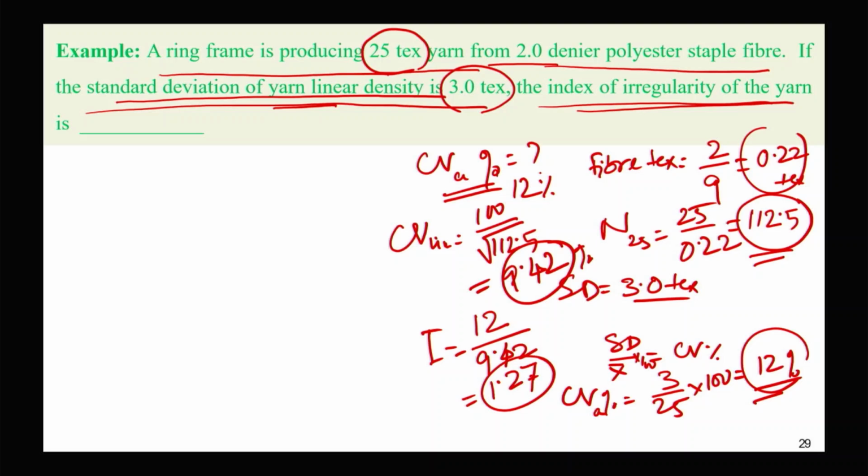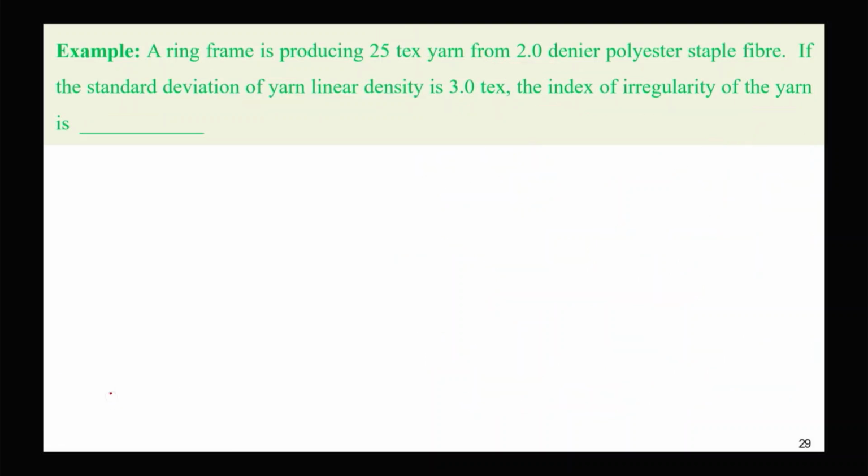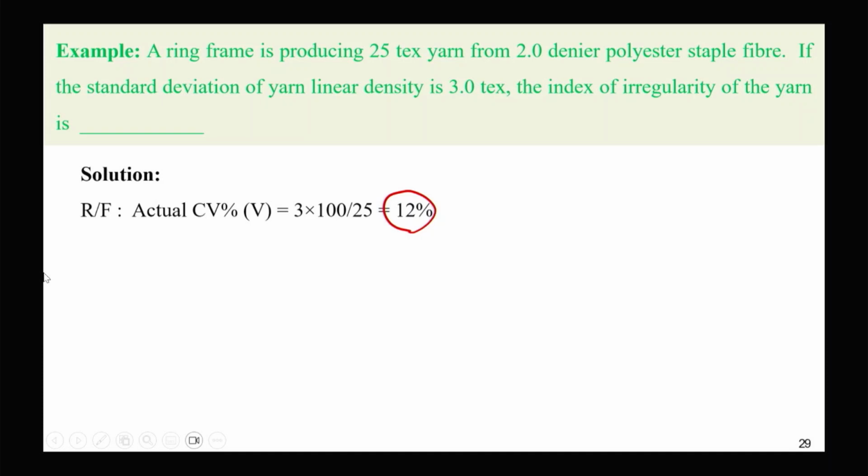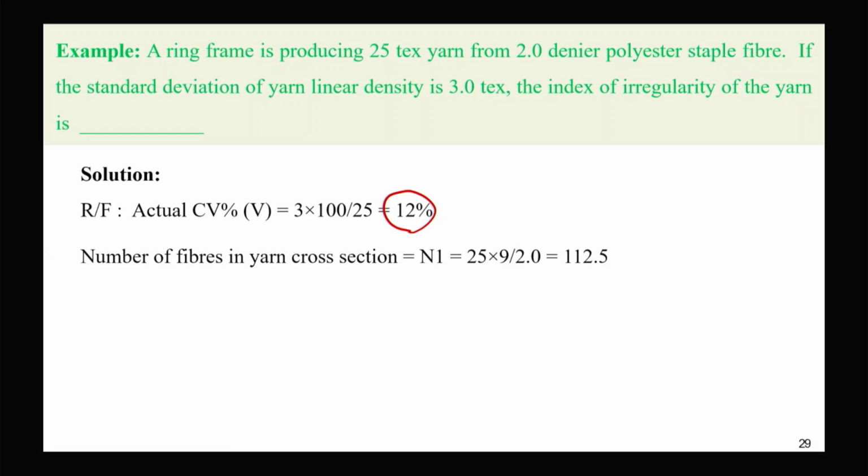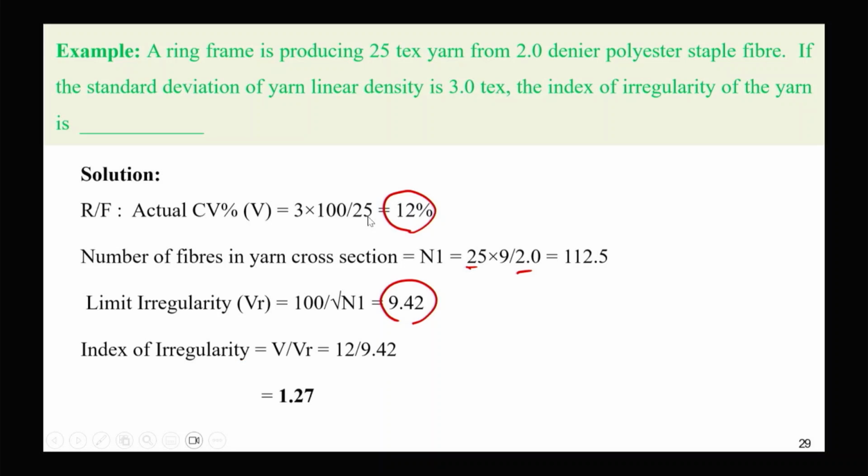You can see the solution steps here: the actual CV we can calculate from the standard deviation, the number of fibers we have calculated from the denier and the yarn tex, the limit irregularity is calculated, and then the ratio of these two. 1.27 is the answer.